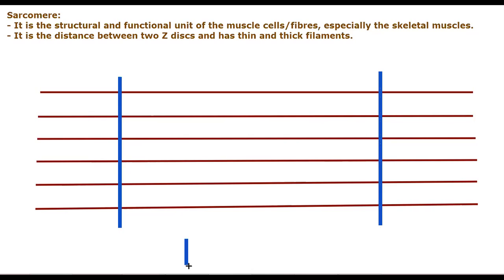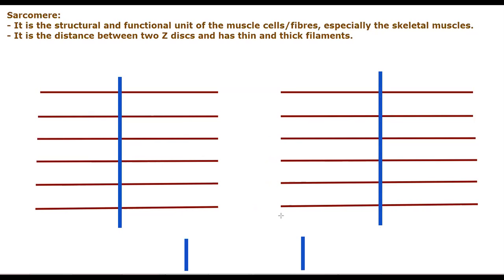This is a Z line and this is another Z line. Clear? Now what we will do here, we will make the H zone. This is basically the H zone.